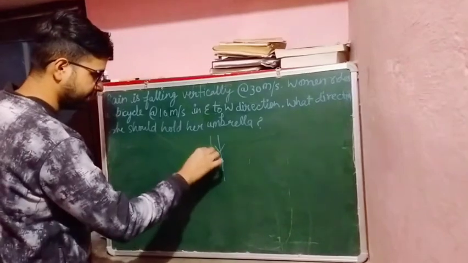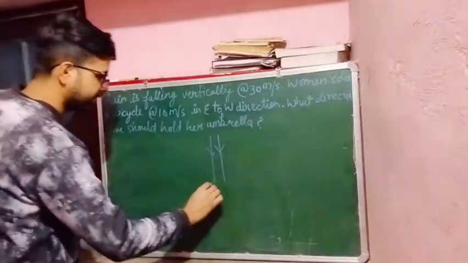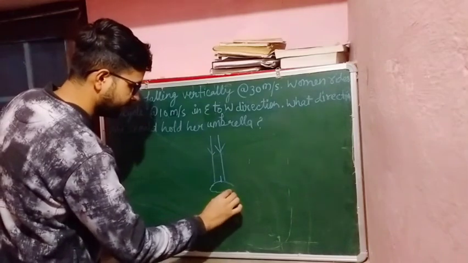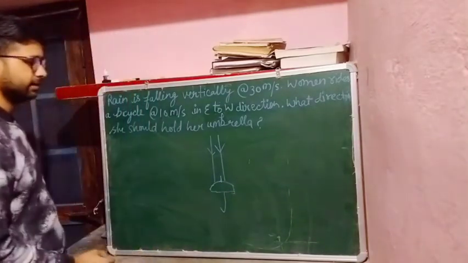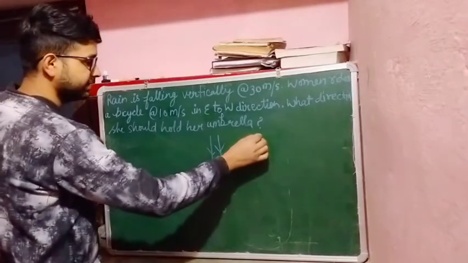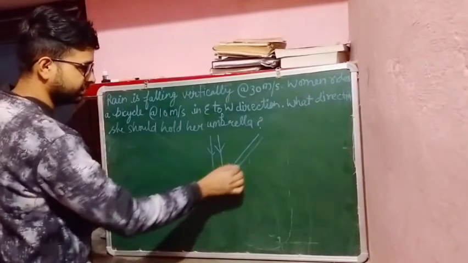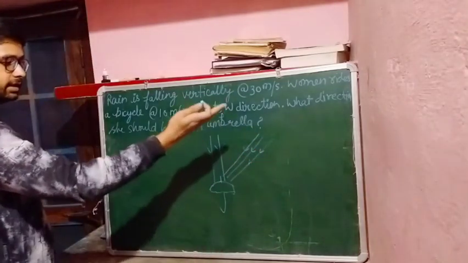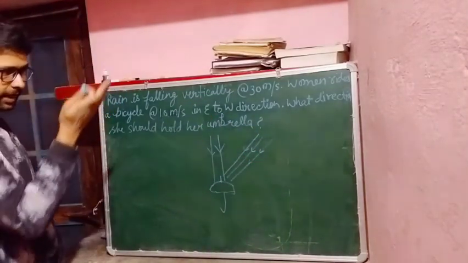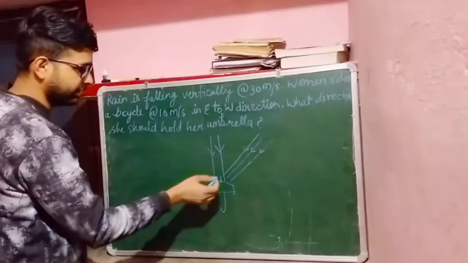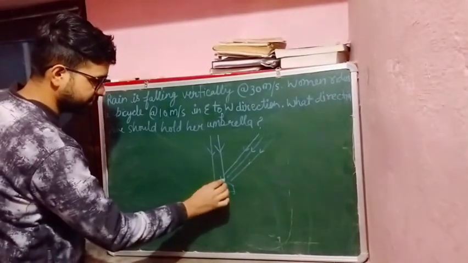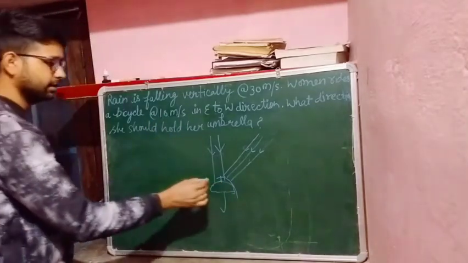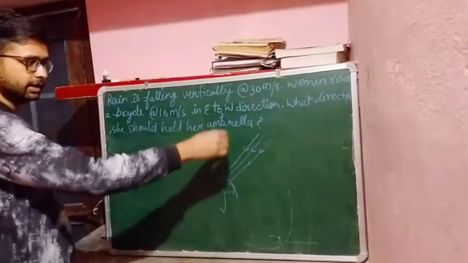that if rain is falling vertically, then in which direction are we holding our umbrella? Vertically? Yes. So if it is falling at some angle, like there is some wind, due to which the rain is at some angle with the vertical, then what we do is we just tilt our umbrella opposite to this direction of the rainfall.